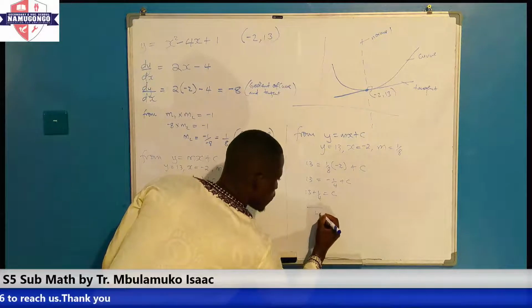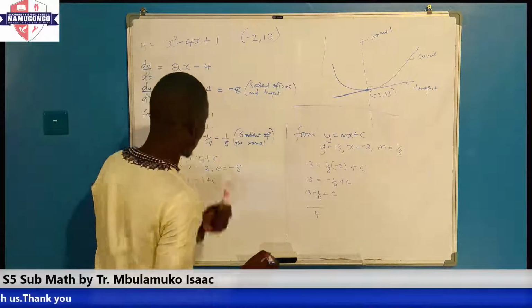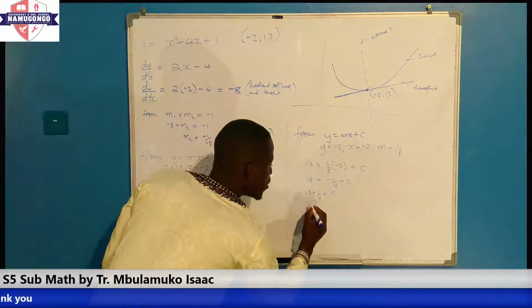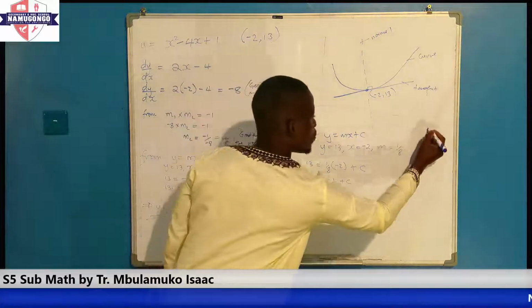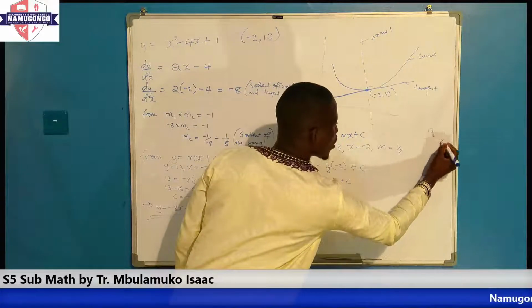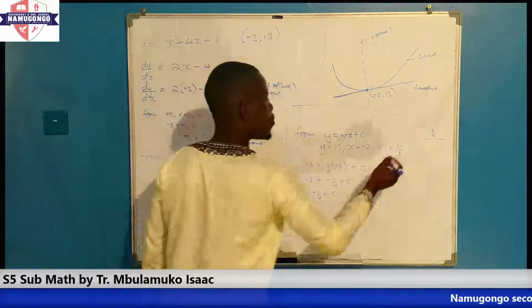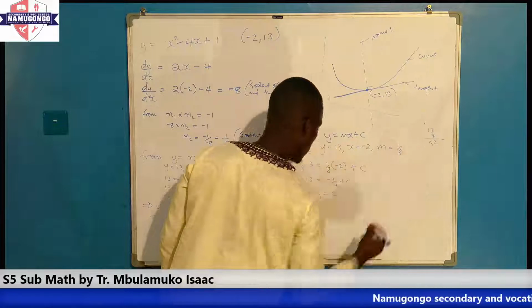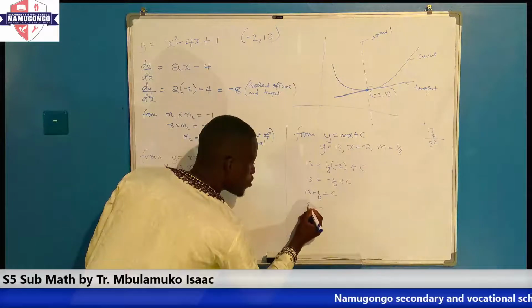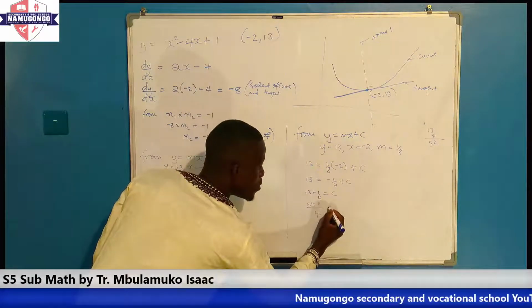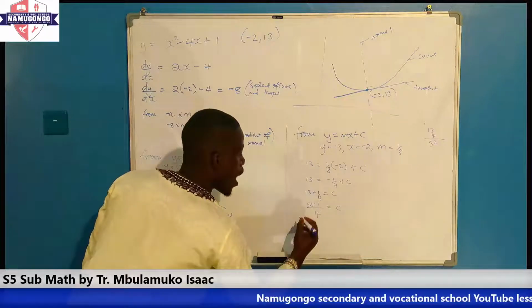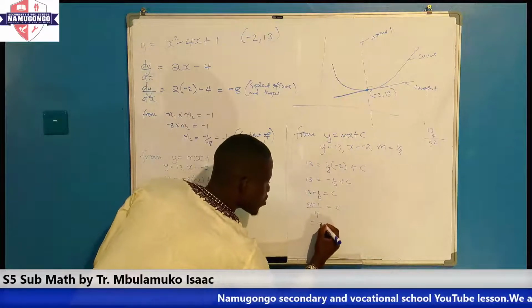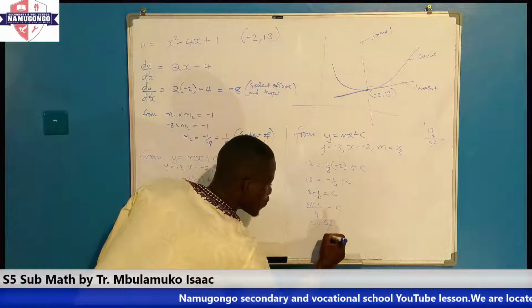The LCM there is 4. And 13 times 4, if you don't have a calculator there, you can easily compute that. You will have 52. So you shall have 52 plus 1 over 4 being equal to c. And therefore our c is equal to 53/4.